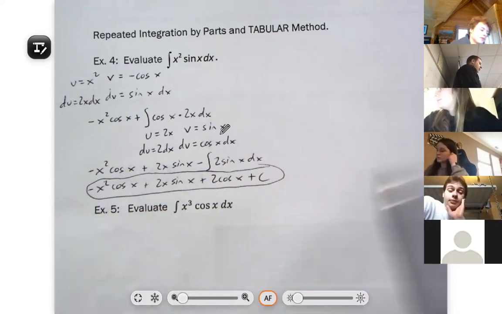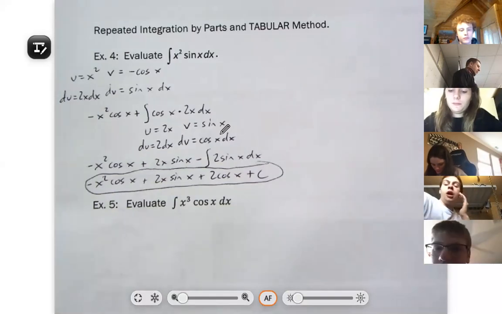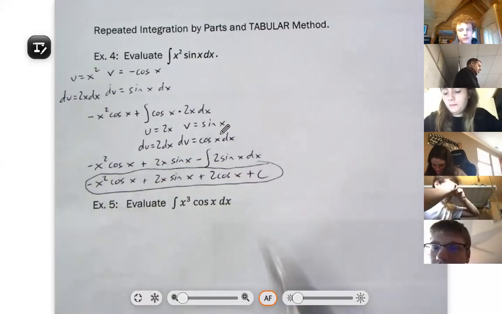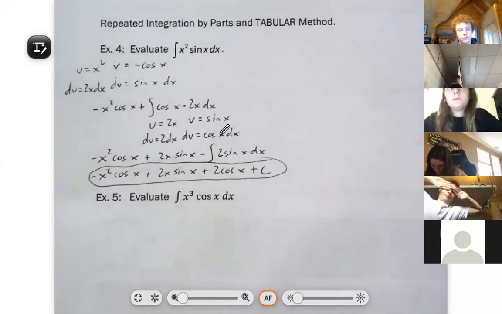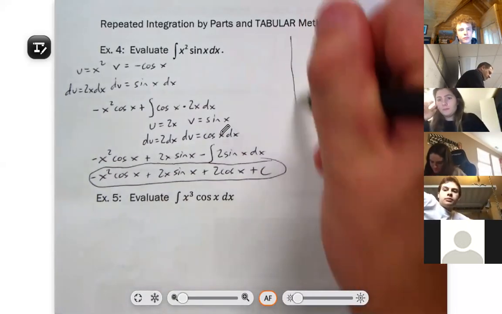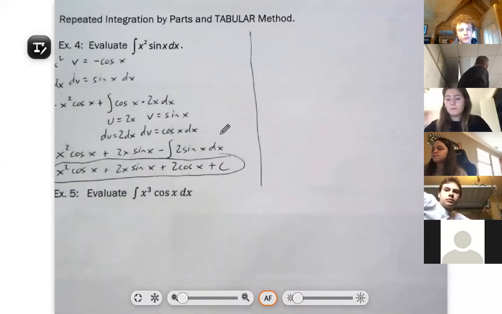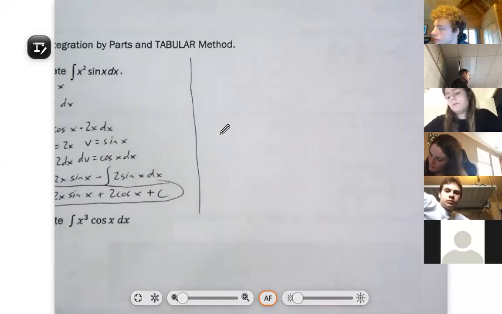Like for what I'm about to show you, it's not necessary to know. If you're taking your test or doing your assignment and you forget about it and do it this way, it's not the end of the world to do it multiple times. But what I'm going to show you is a nice little shortcut, they call it the tabular method. You do need an algebraic component to use this.